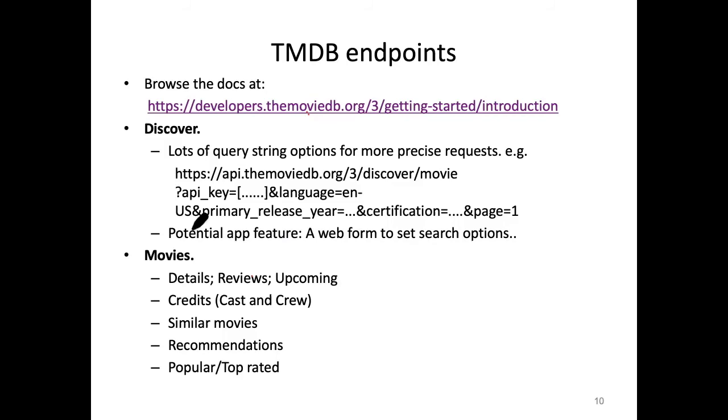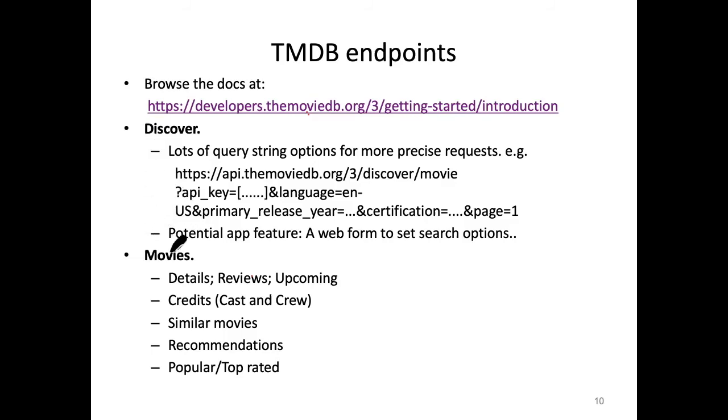Many of them might be drop-down lists, but either way, the user is allowed to configure the type of search of the discovery endpoint that they want to make. And then having filled out the form, and there would obviously be default values on form fields that the user didn't fill out, by clicking submit, they would be taken to a movies listing page that would list the matching movies. So that's the discovery endpoint.